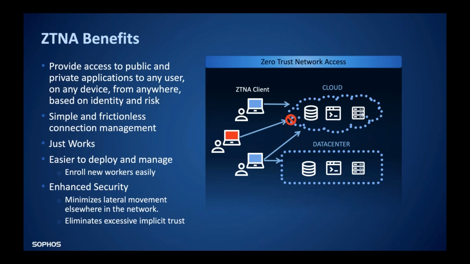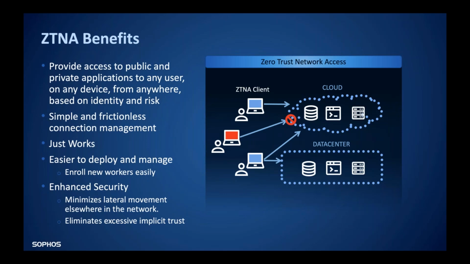Well, more flexibility and granularity, because each application can have policy that decides which users can access it and which devices and health state they need to be in. And you have that much more granular app by app control over who can access what, which makes it a lot more secure. The other advantage is that this is completely frictionless and transparent to the end user.